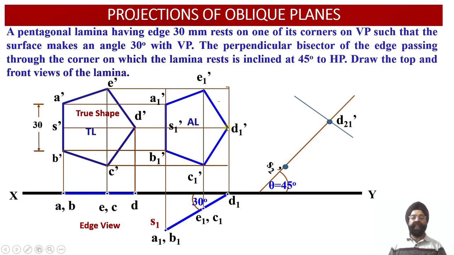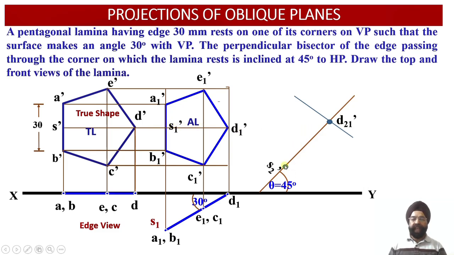Angle alpha is the angle of inclination of this apparent length with respect to the horizontal plane. So how will this angle alpha be obtained? Using the principle of rotation of the line, we'll measure this D1 dash S1 dash, which is the apparent length of this perpendicular distance over here. So this is the D1 dash to S1 dash distance.